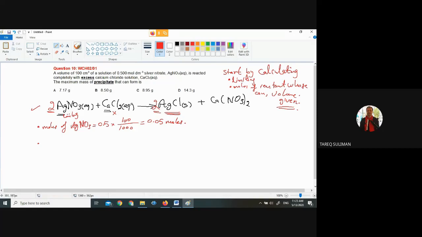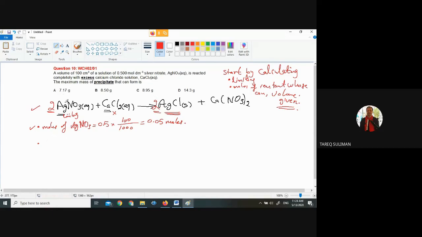Then I need to calculate what? The number of moles of AgCl, because I need its mass. I cannot calculate it directly. Always we calculate, as I said, the number of moles of the given one. Then I will cross through the equation. We use the stoichiometric ratio.